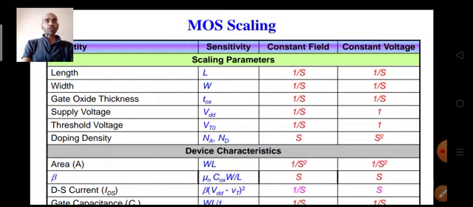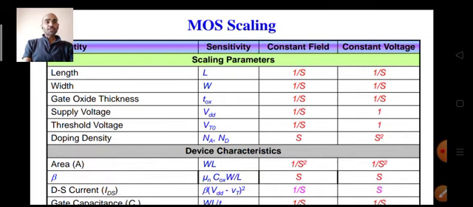For the electric field between the source and the drain, I divide VDD by the substrate material length. In both cases, the supply voltage gets multiplied by the factor 1 by s, and the length also gets multiplied by the factor 1 by s.